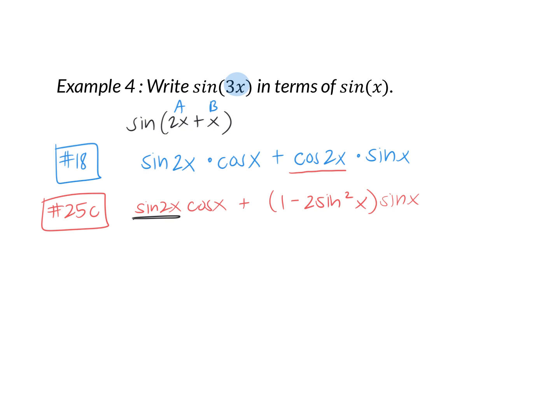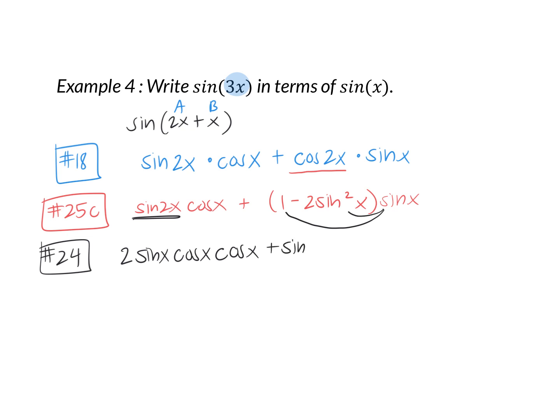We know sine of 2x using number 24, that's equal to 2 sine of x cosine of x times another cosine of x. And then I'm going to distribute this sine of x to both terms here. And this is going to become plus sine of x, and then minus 2 sine cubed of x.